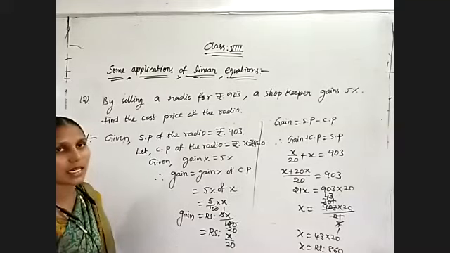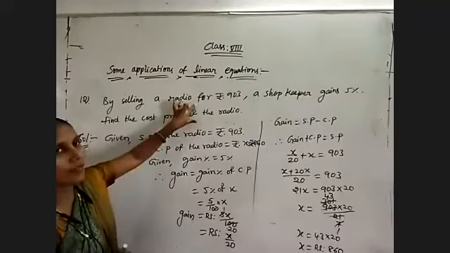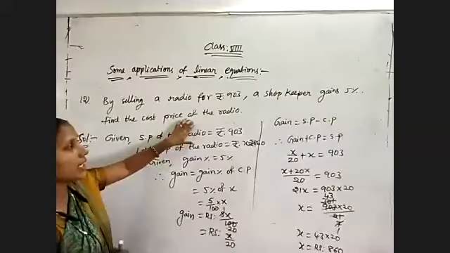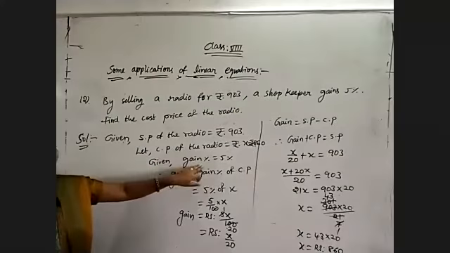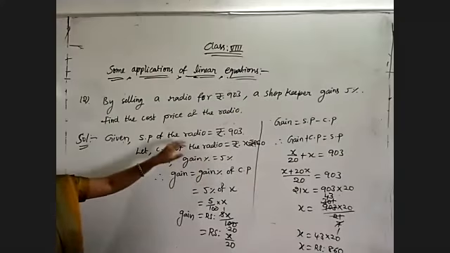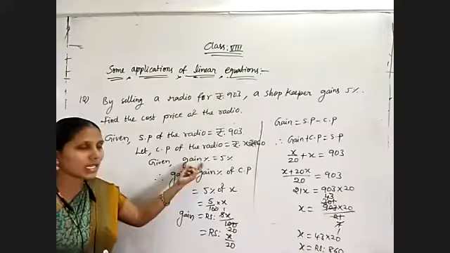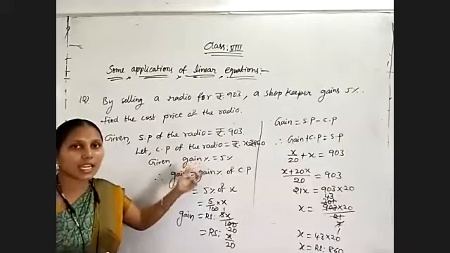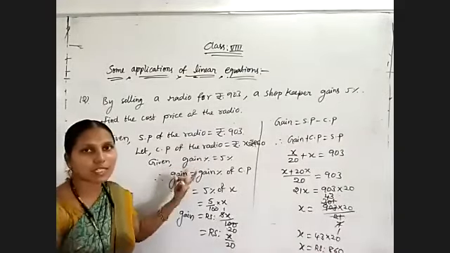So once again, I am telling, observe this question. In this question, they have given SP of the radio is equal to 903 rupees. Shopkeeper gains 5%, means profit percentage is equal to 5% given. And find the cost price. So let the cost price of the radio be x. So gain percentage given. If gain is given directly, we will simplify the question. But whenever gain percentage is given, first find out the gain.